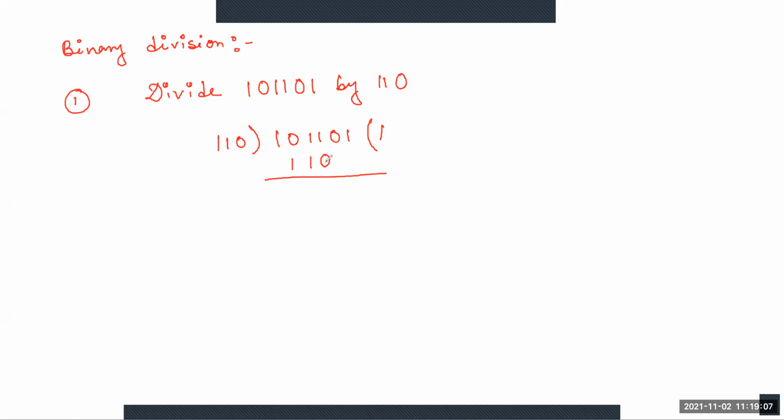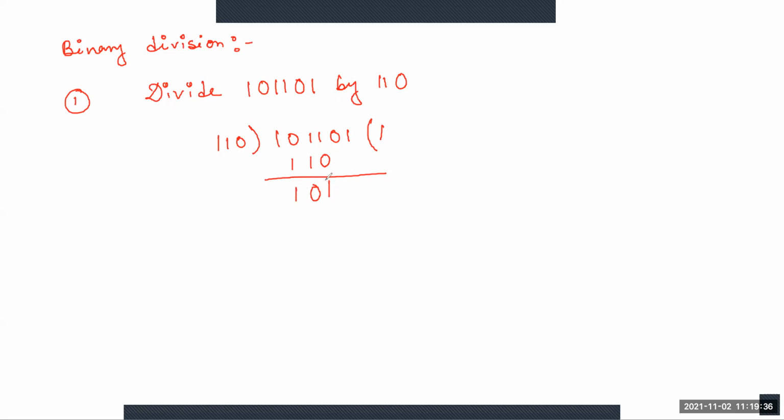So 1 minus 0 is 1, 1 minus 1 is 0, and 0 minus 1 is 1, with a borrow, so the remainder is 101.